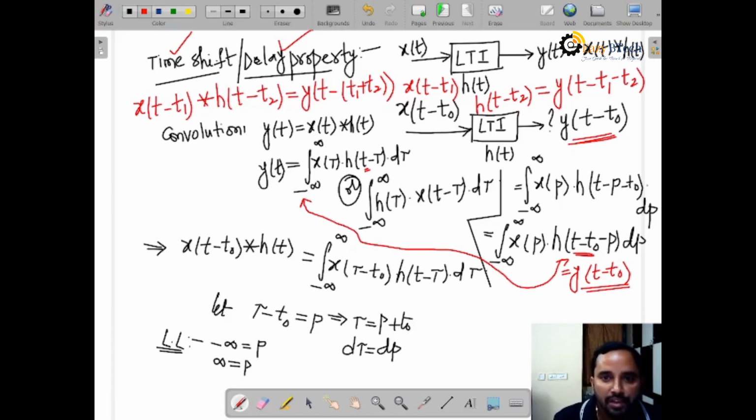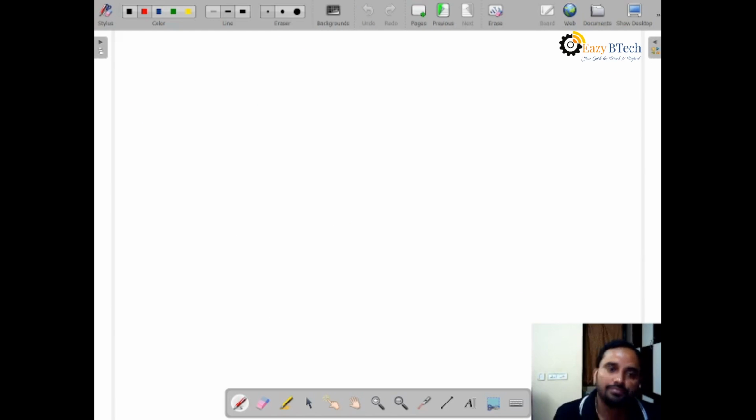Next, go to another property, the duration property. So this I can tell simply. Suppose the input signal x of t is available from t1 to t2.